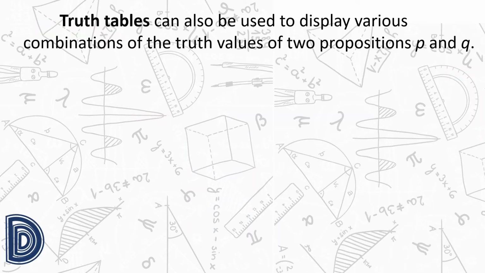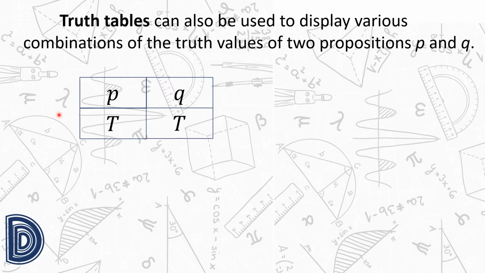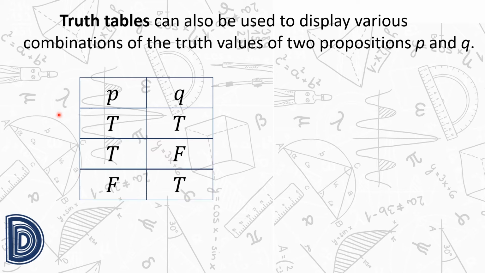Truth tables can also be used to display various combinations of truth values of two propositions P and Q. Let's say we have the propositions P and Q. A possible combination is that both P and Q are true. Also, one of the propositions P and Q is true and the other is false.